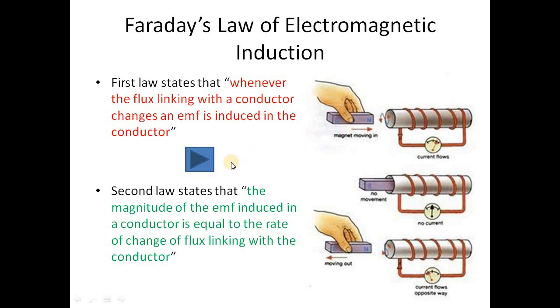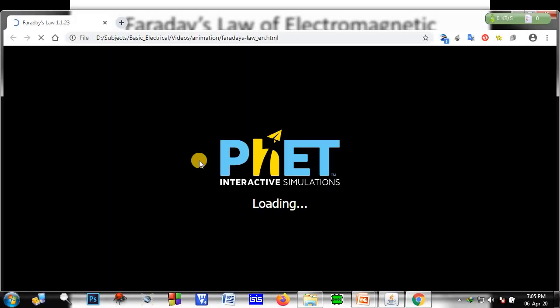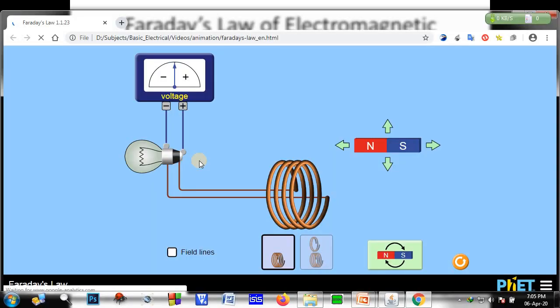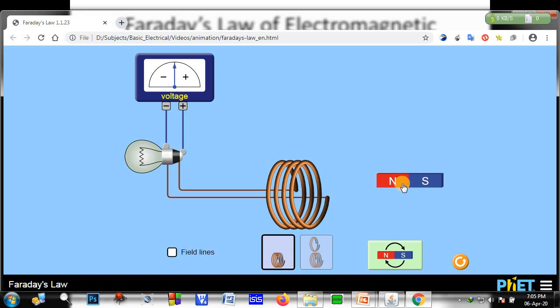We'll see that more clearly with an animation. In this, you can see a voltmeter, a lamp, and a coil. We have a magnet, and as we know, a magnet has a magnetic field around it.